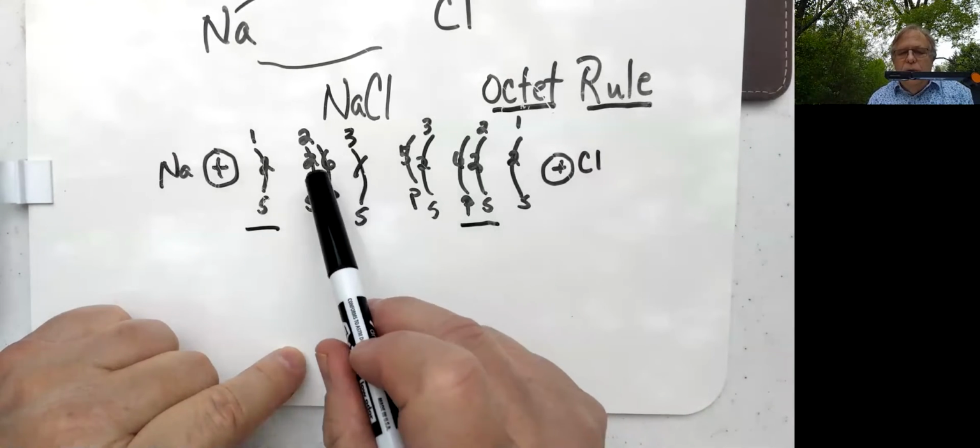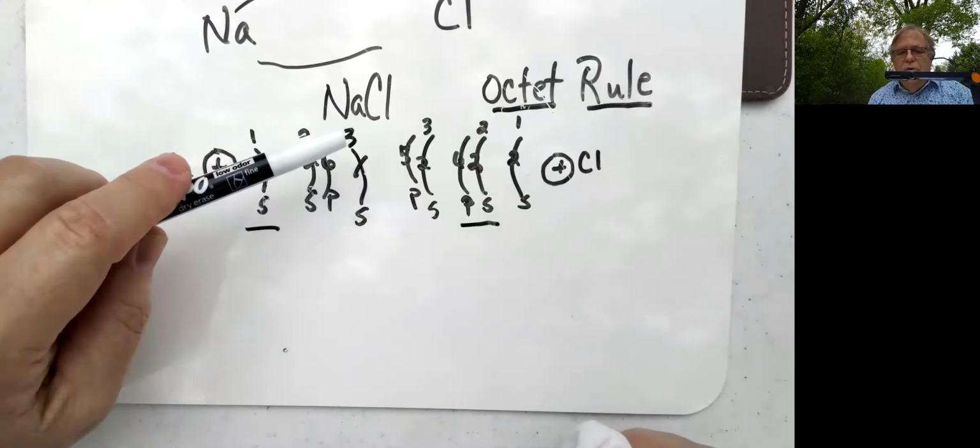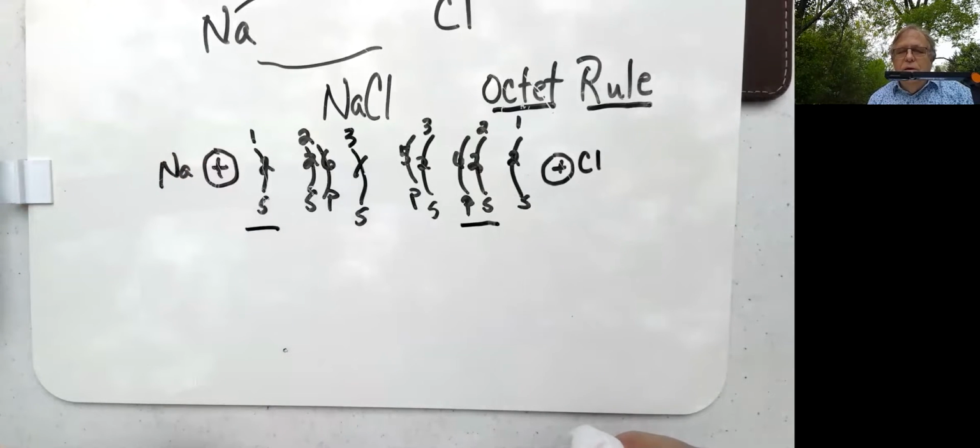And look what's waiting behind it. 8 electrons. Okay. So it has a choice. It can gain 7 or lose that 1, and it just doesn't make any sense for it to want to gain 7. Besides, its nucleus is not strong enough to do that.